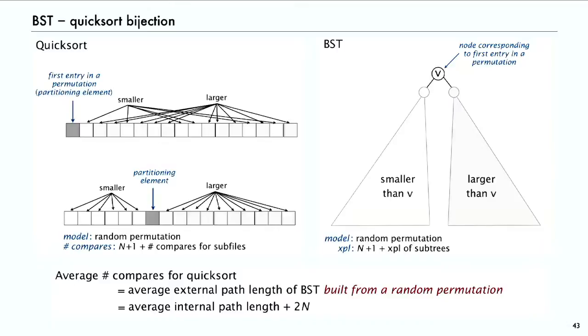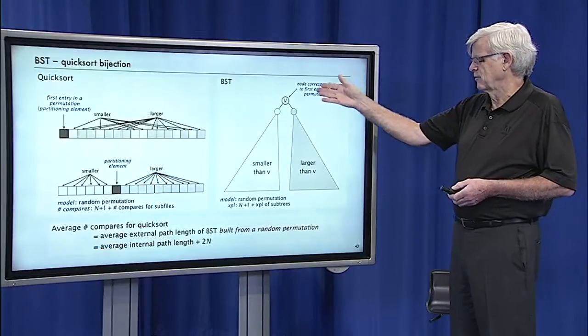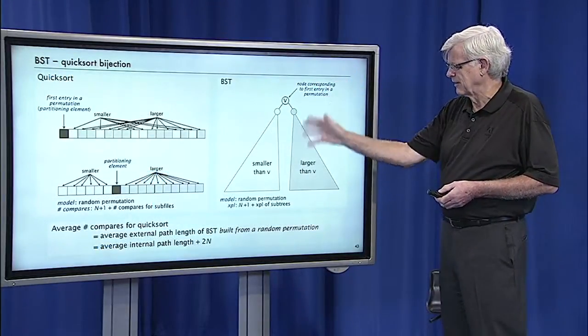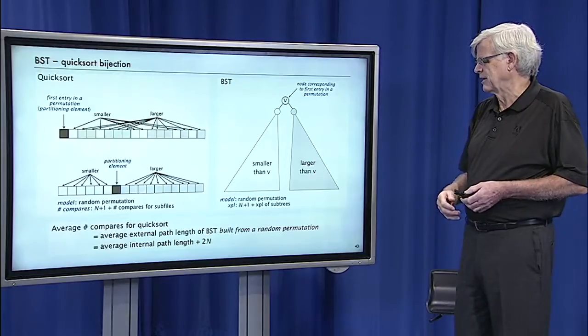So in quicksort, the first entry in the permutation is the partitioning element, and the smaller ones and larger ones are mixed. And then after the partitioning, you do them independently. And that's pretty much the same in a binary search tree. The first one is the root, and then you do the left and right independently.